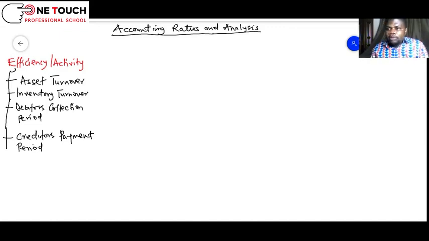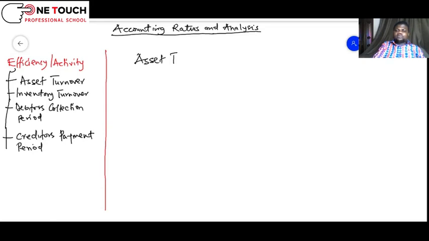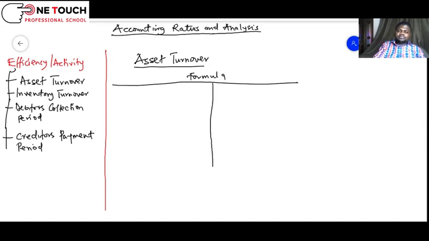Okay. Now, let's pick the asset turnover since the other three had already been discussed. Asset turnover. The formula. We have two formulas. One and then two.